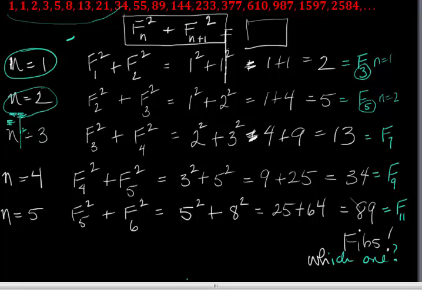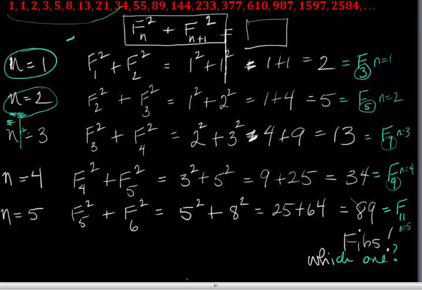I got F7 when n was 3. Got F9 when n was 4. And F11 when n was equal to 5.